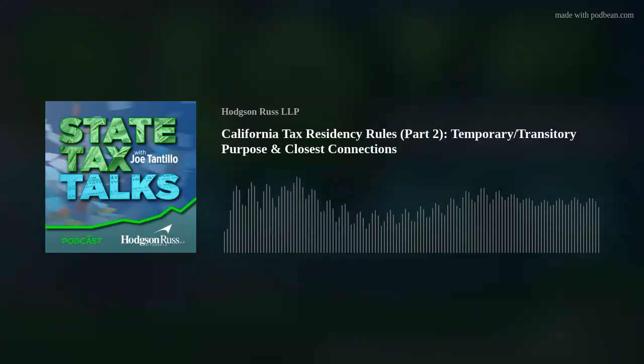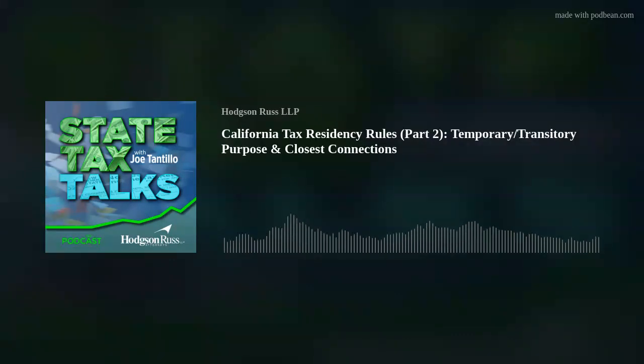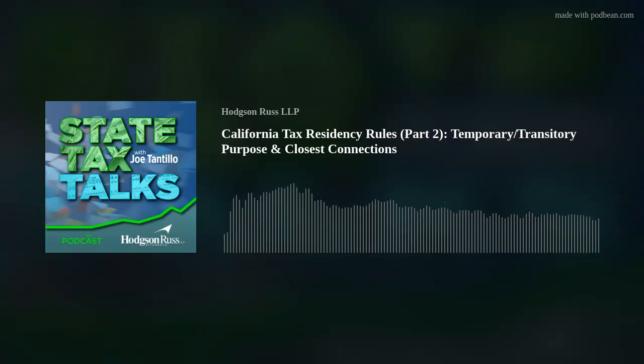That's exactly right. I think the key takeaway from this discussion of California residency is that your domicile, as a starting point, must be determined and analyzed first. If you're considered domiciled in California, you are likely taxable as a California tax resident, but not automatically. Let's start with that side of the ledger first.